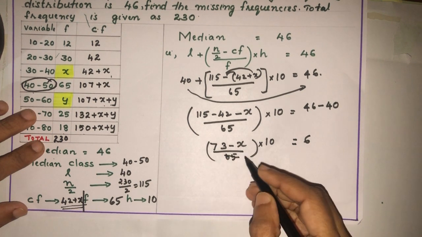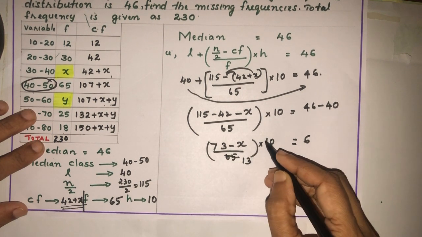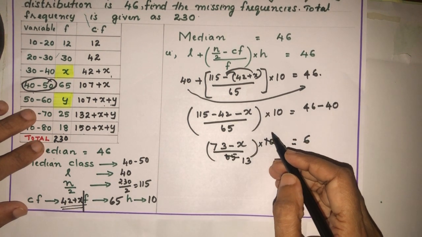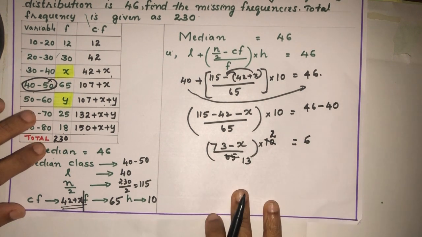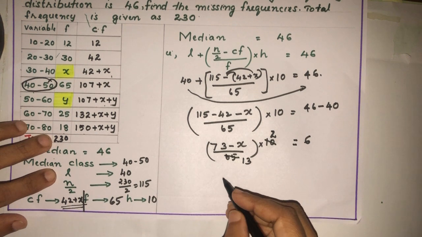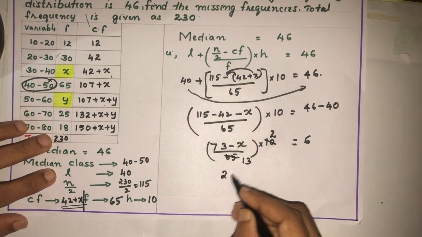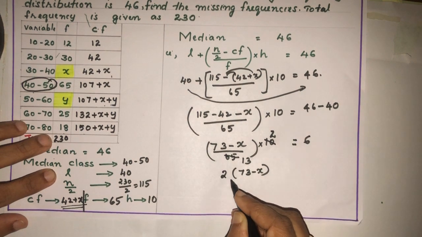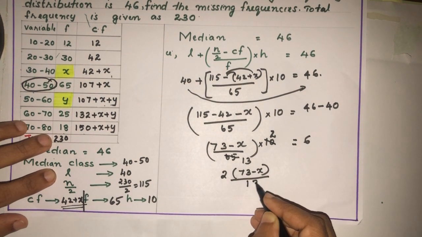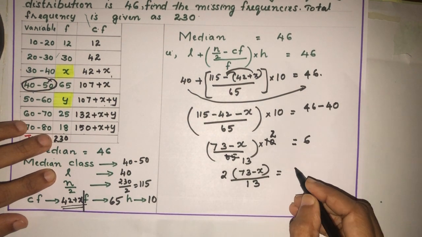So 65 by 5, 13. Here we can cancel, it is 2. Okay. Now what is remaining? 2 into 73 minus x by 13 equal to 6.